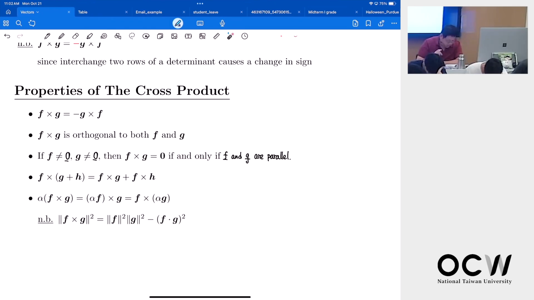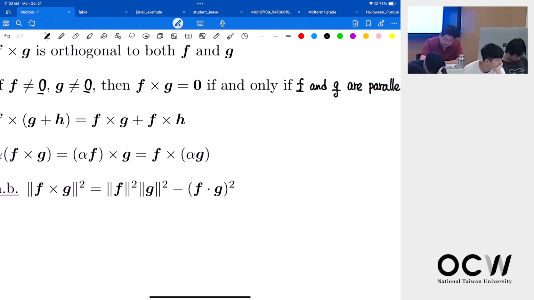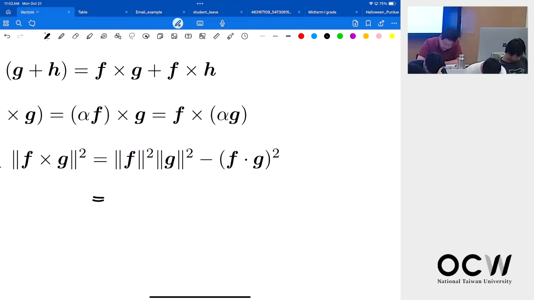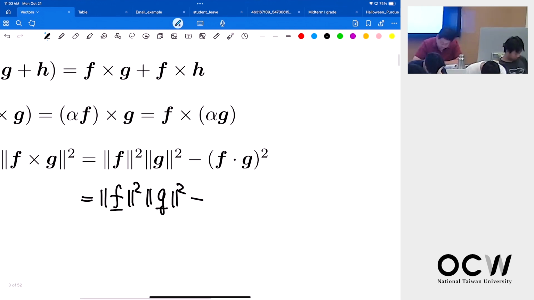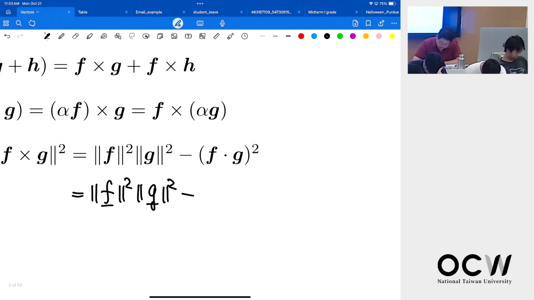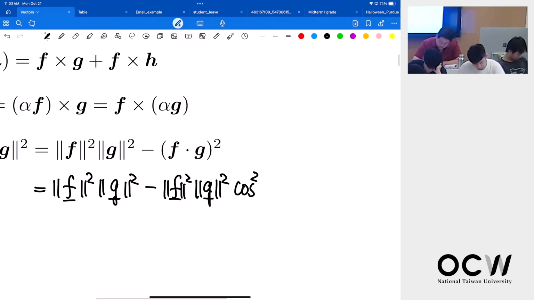Okay, so this equals the product of the norm squares minus the dot product square. And we can also simplify it. It is the norm of f square, the norm of g square, minus the dot product, that is, f square g square cosine square theta.